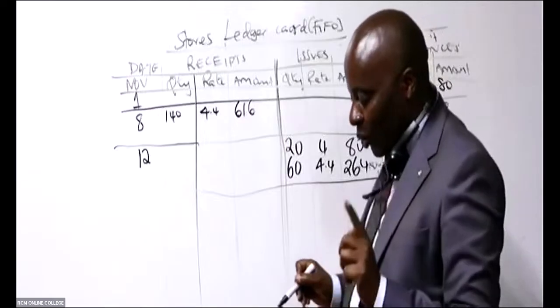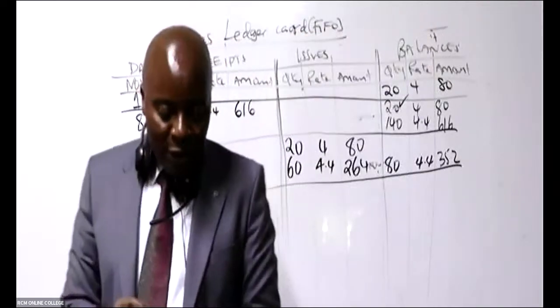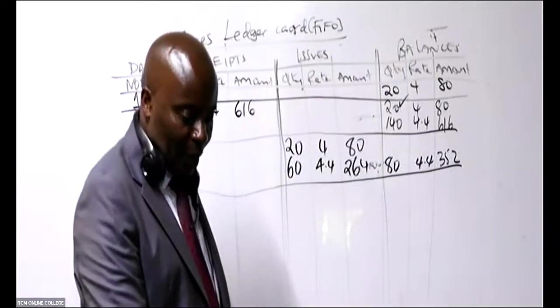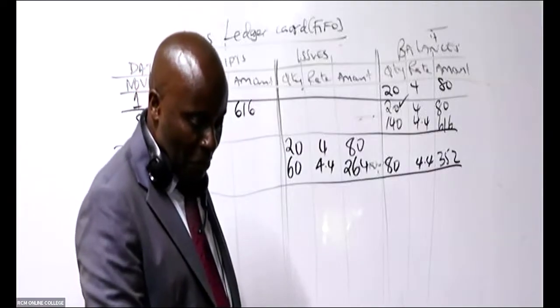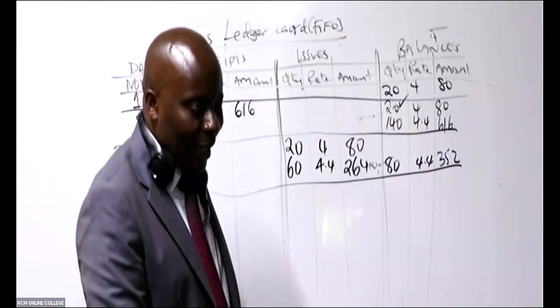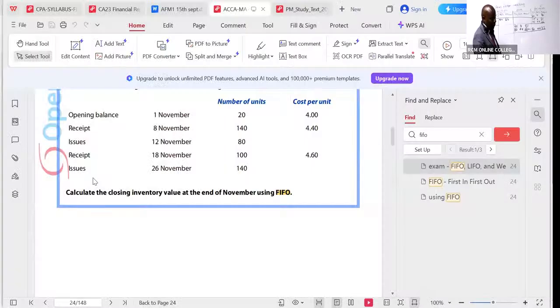We go, ladies and gentlemen, to the next one. The next one now, what happened? Let's reason together. We received, eh? I love receiving. So remember the date is 18th now, right? What do we do on the 18th?